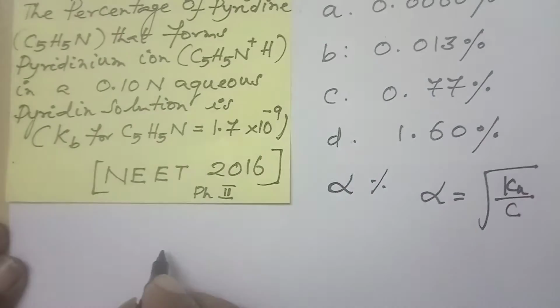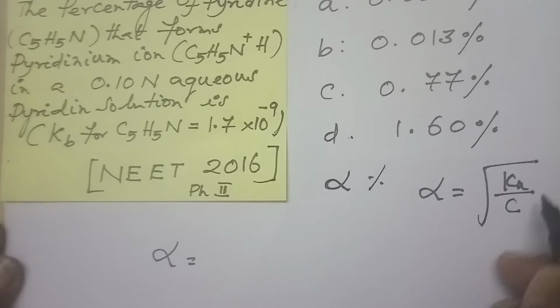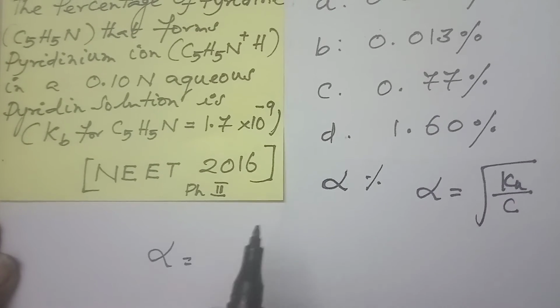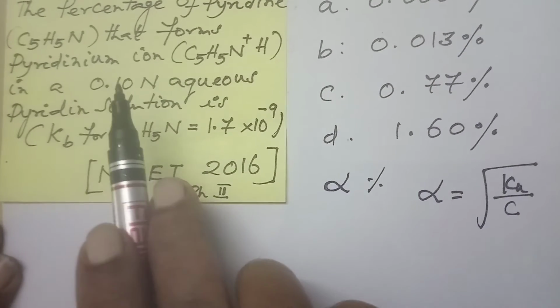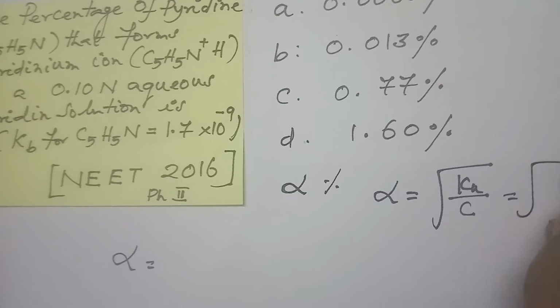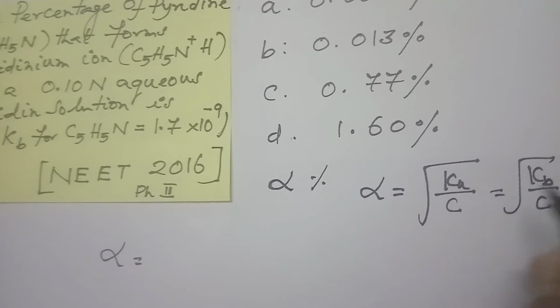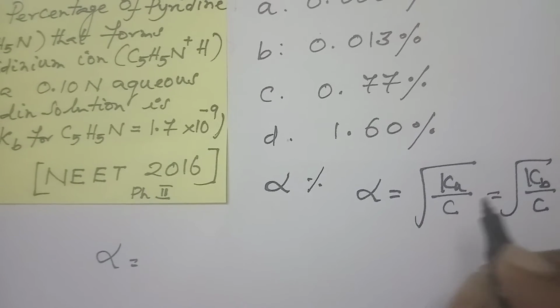Now let us see the data you have to substitute. Alpha is equal to square root of Ka. Why am I writing Ka? Think about the nature: since pyridine is basic, here it is square root of Kb by C. Either it can be Ka or Kb, depending upon the reagent provided.